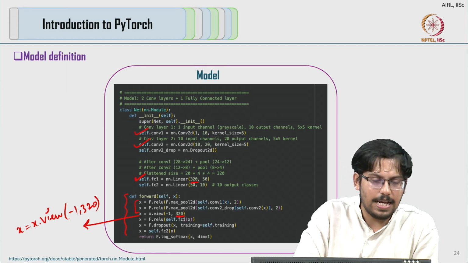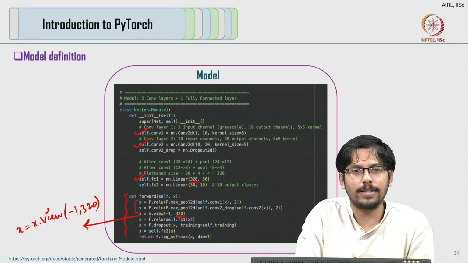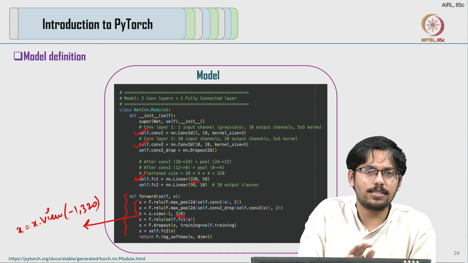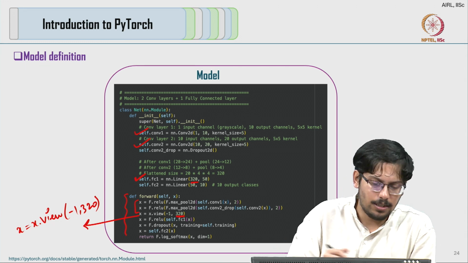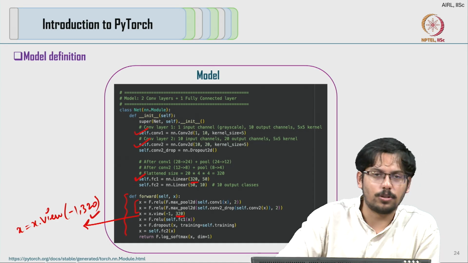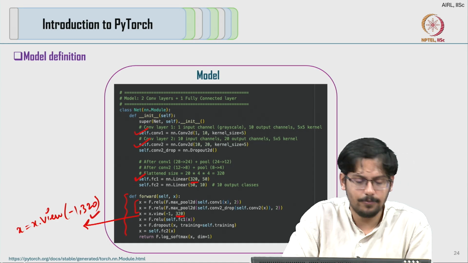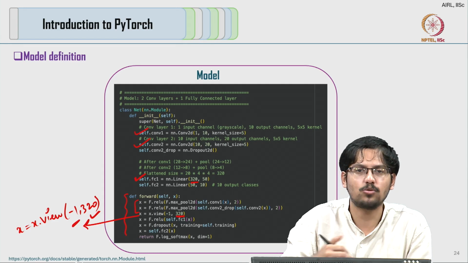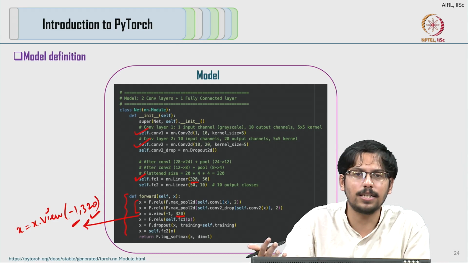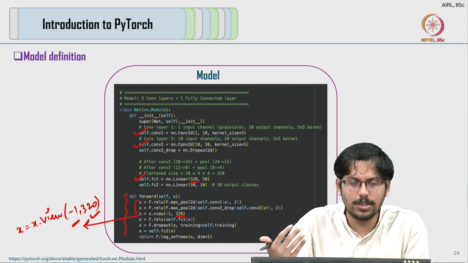So, when we say x is equal to x dot view minus 1, 320, it is essentially taking a tensor and reshaping it in such a manner that one dimension is 320, and the other dimension can be adjusted accordingly, it does not matter. This is what the code is telling PyTorch to do.